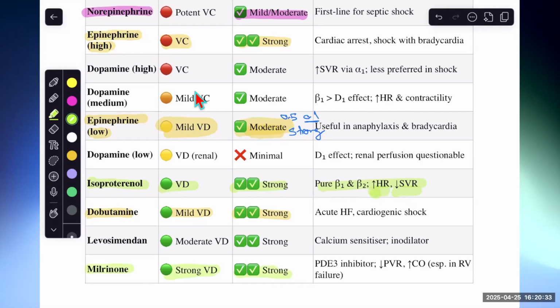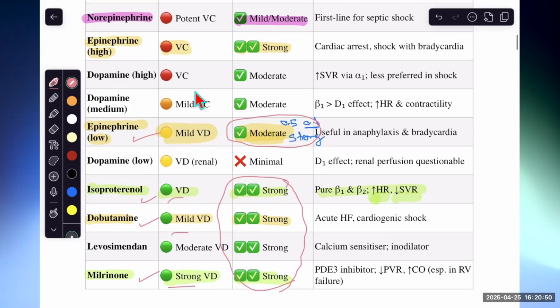So those like low dose epinephrine, dobutamine, milrinone, isoprenaline, all of these are mainly strong inotropes with vasodilator effect.